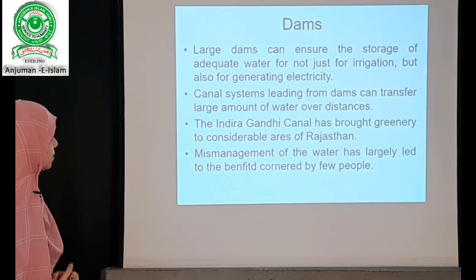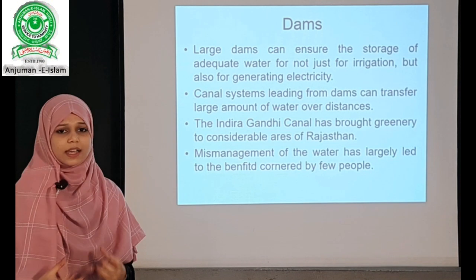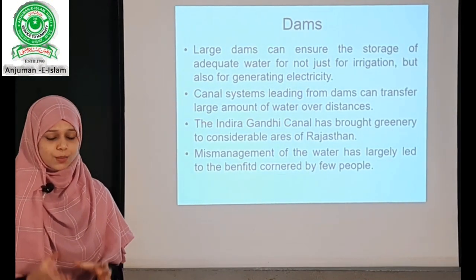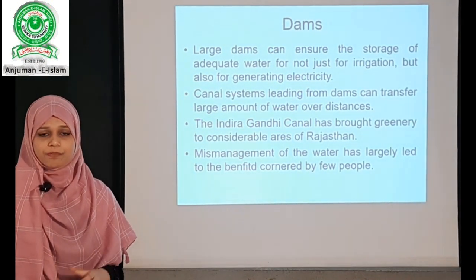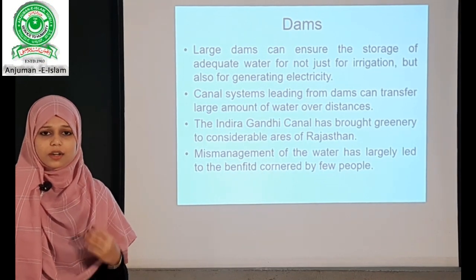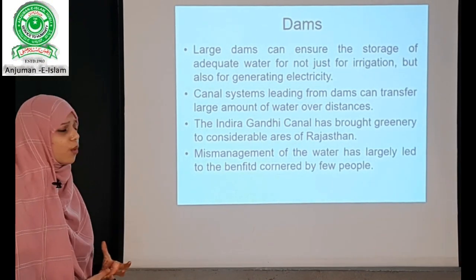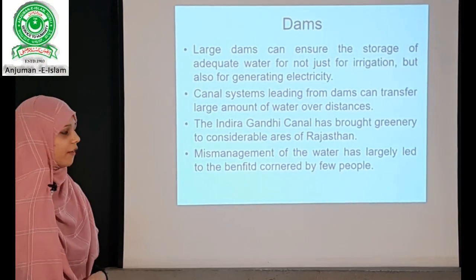So the canal systems leading from dams can transfer large amounts of water over distances. Canal system is nothing but small waterways which connect certain distances, certain villages. They cover a large number of villages, so that is called the canal system. So that water is used for irrigation by the farmers.